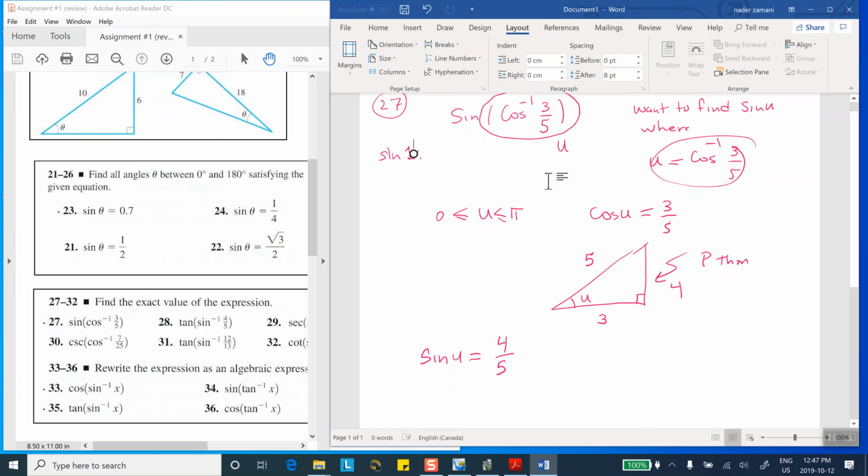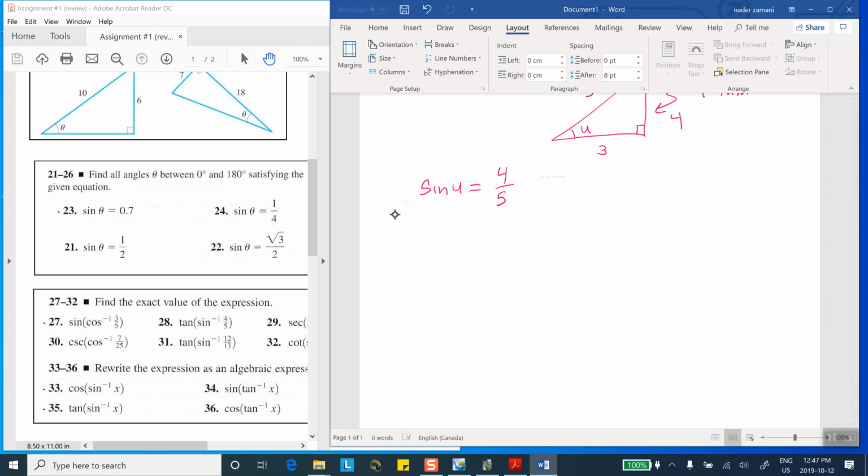This is solution 1. Now, how does solution 2 work? The first step is the same. In other words, we want sine of cos inverse of 3 over 5. We're going to call this thing u, exactly like before. So right away, we know that cosine of u is 3 over 5 and u is between 0 and pi.